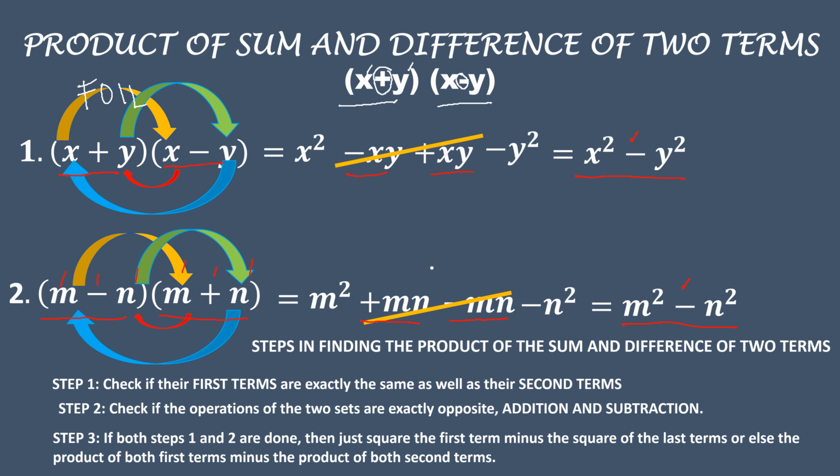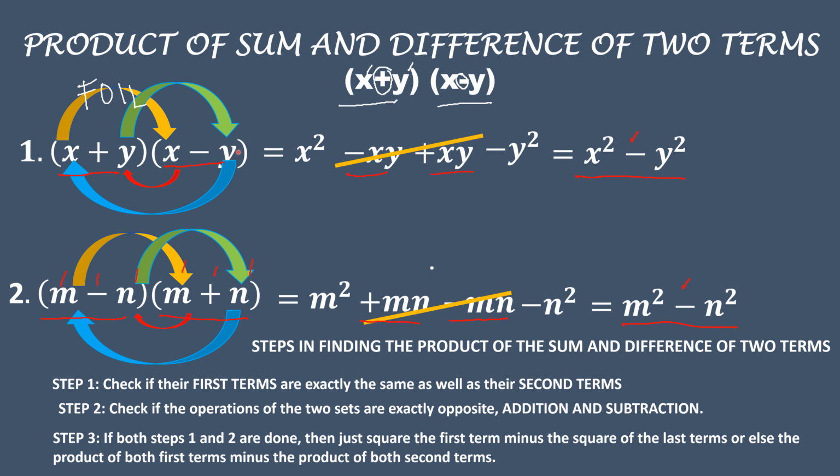Again, see to it that the first terms are the same, the second terms are the same, and their signs are exactly opposite, the negative and the positive. Then we simply get the product by directly multiplying the first and the first. We have there x squared.